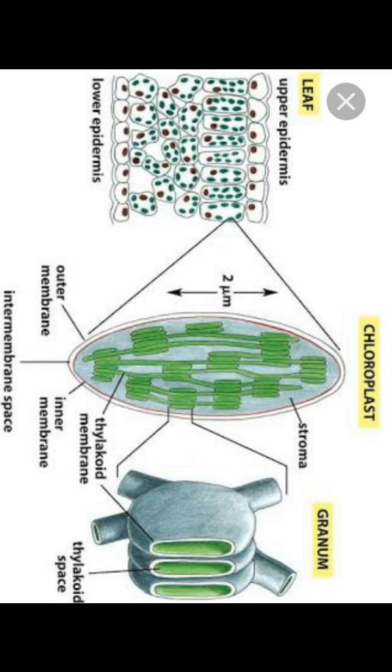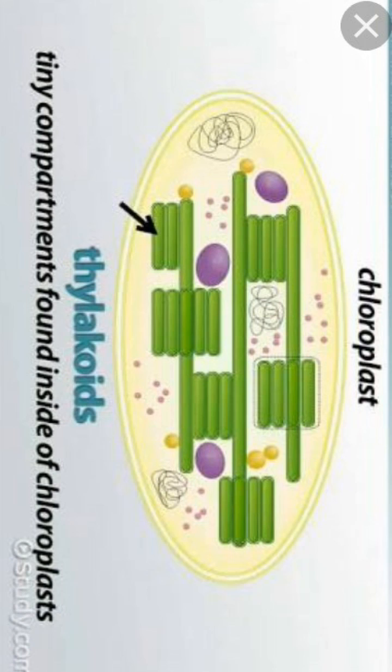So next, one more point. The membrane of the thylakoids encloses a space called the lumen. You can see the lumen. Understand? You can see it very clearly in this diagram. And the stroma of the chloroplast contains enzymes required for the synthesis of carbohydrates and proteins.